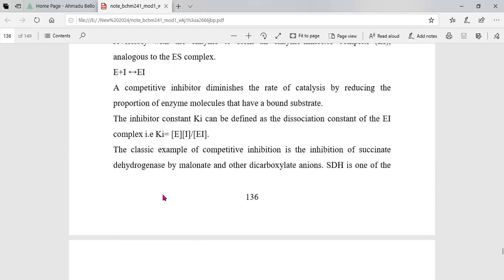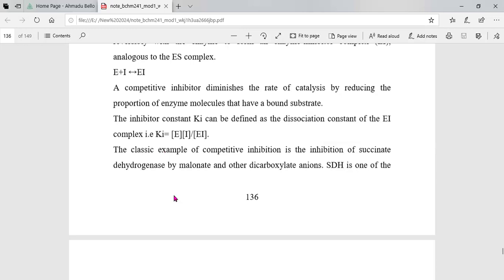The inhibitor constant, Ki, is defined as the dissociation constant of the enzyme-inhibitor complex. That is to say, Ki equals the product of enzyme concentration and inhibitor concentration, all over the enzyme-inhibitor complex concentration.